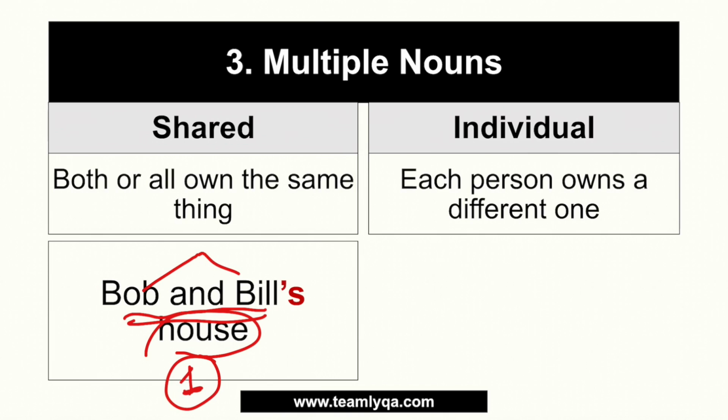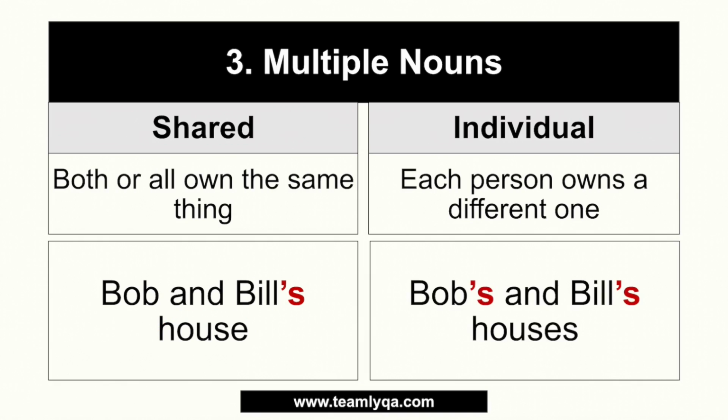Now, kailan naman gagamitin yung individual na ownership? Ang individual na ownership would be something like this. Bob's and Bill's houses. Bakit? Kasi houses already means na multiple or higit sa isa yung bahay. Okay? So, kung sabihin niya, we passed by Bob's and Bill's houses. Ibig sabihin, ang dinaanan mo ngayon ay dalawang bahay.